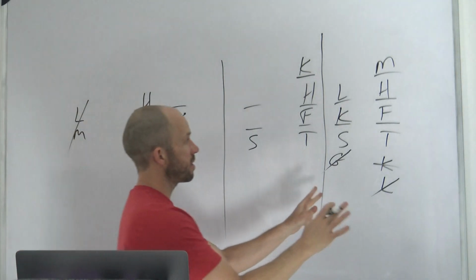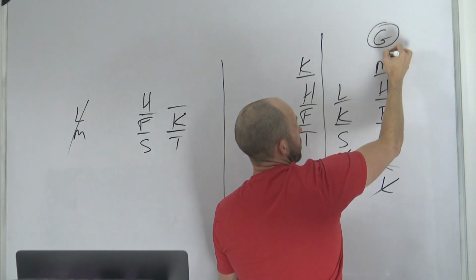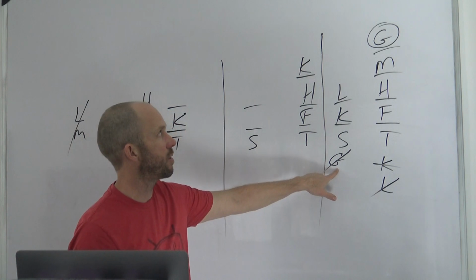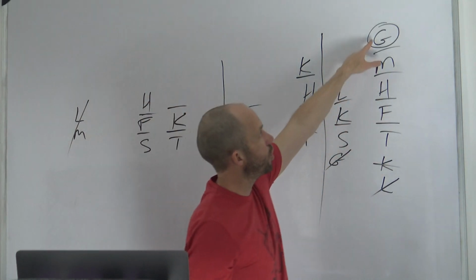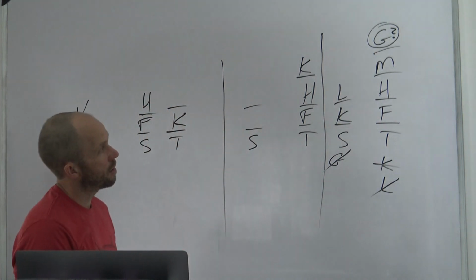The only flexibility left in this world is whether G is in Thorn or not. G is definitely not in Silva, but G could be, maybe I'll put G question mark, could be in Thorn.